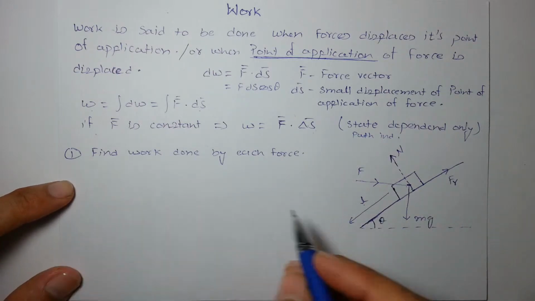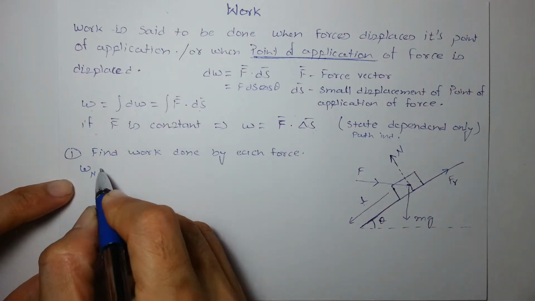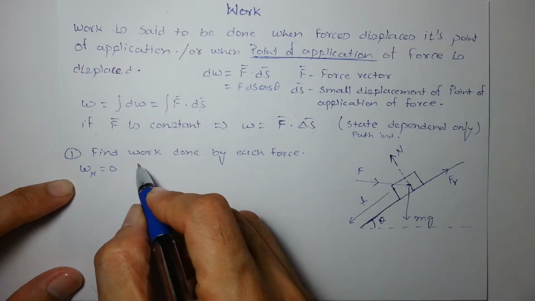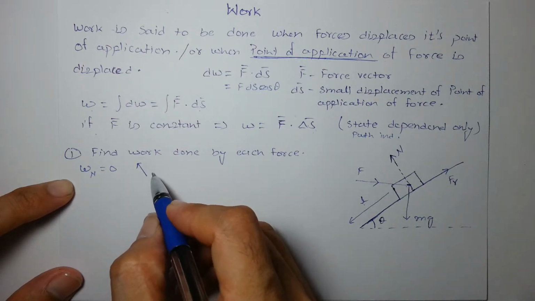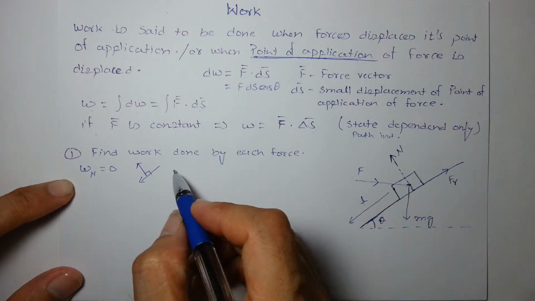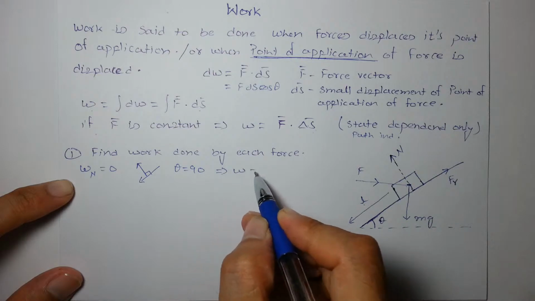Let's start with normal reaction. Work done by normal is simply 0, because normal is acting in this direction and displacement is this. So the angle between them is 90, so the work done is 0.